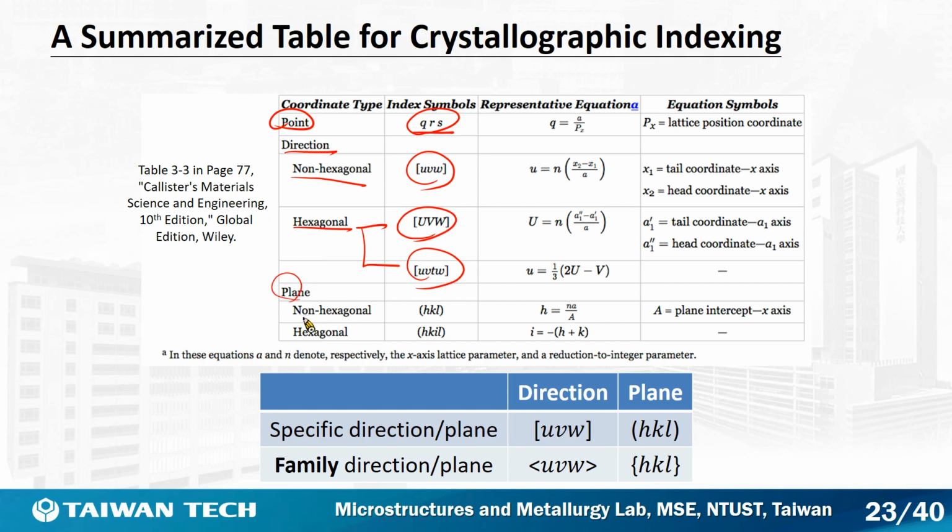And for planes, non-hexagonal, HKL, hexagonal, HKIL. And here are the definitions. For direction we use square brackets. And for plane, we use this one. For family, and for planes, okay, just a summarized table.